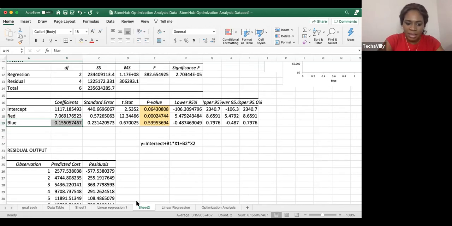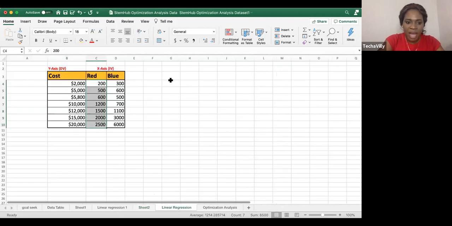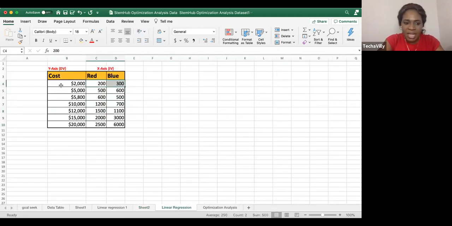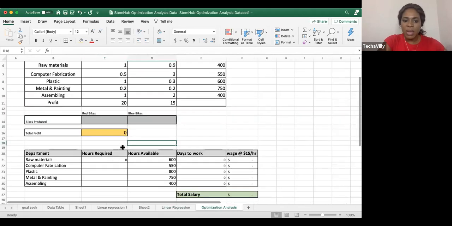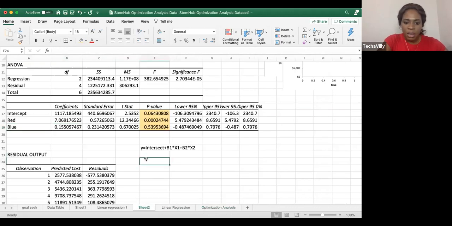Remember that this regression analysis cannot run on its own. You need data, and we use the historical data from what we have done before. From what we have, if we produce these two together, we will spend this. So I think the model has already used the historical data to populate that regression model so that we can run with it. So let's now look at the cost.